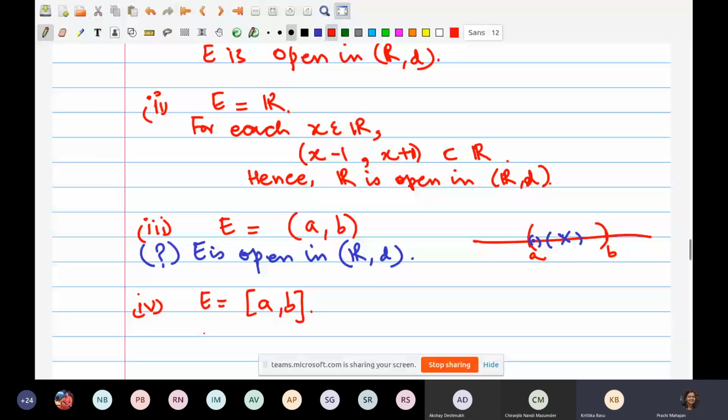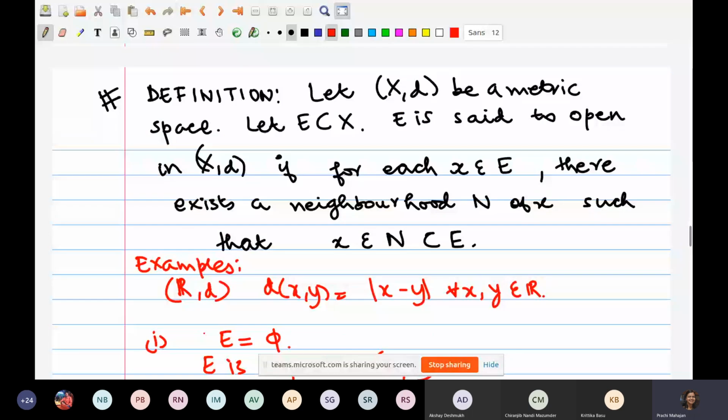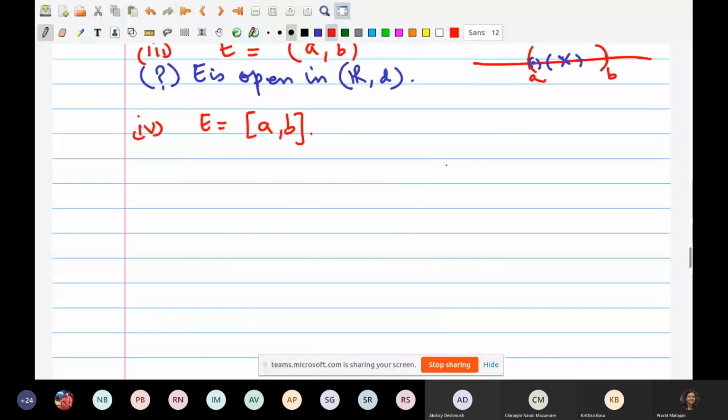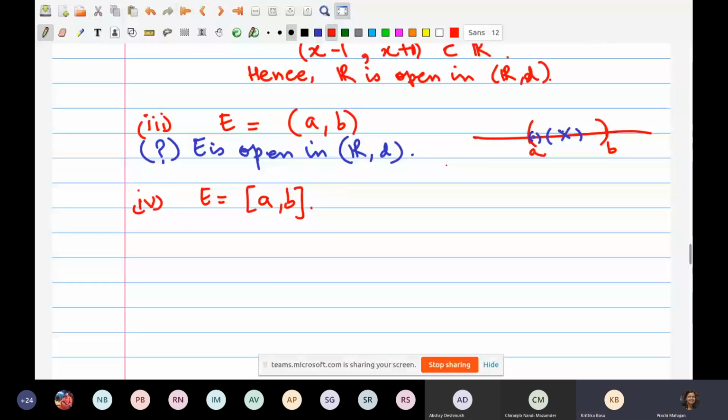If you say no, you have to give me an answer. By definition, this means that you have to give me a point of the set E such that no neighborhood of that point is entirely contained in the set E. Correct? So what is that point here? a and b.